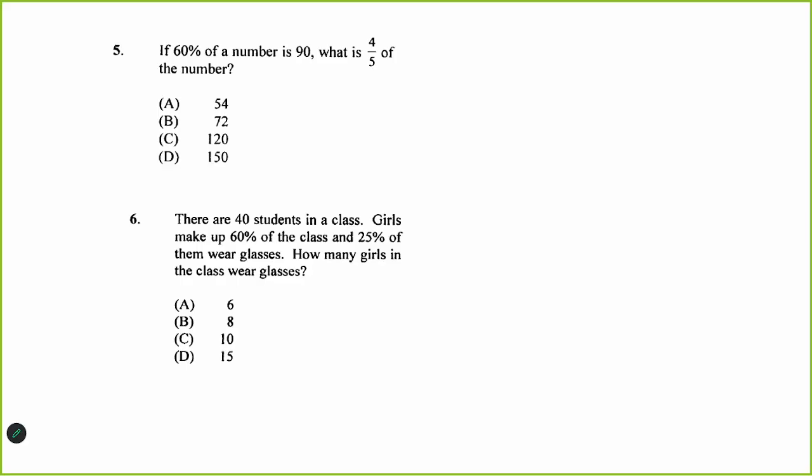This one here, 60% of a number, I believe this was 150, but again, we're not sure. Number 6, we know is 6, because 60% of 40 is 24, and a quarter, which is 25%, of 24 is 6. 60% of a number, 60 over 100, multiplied by some number is 90.